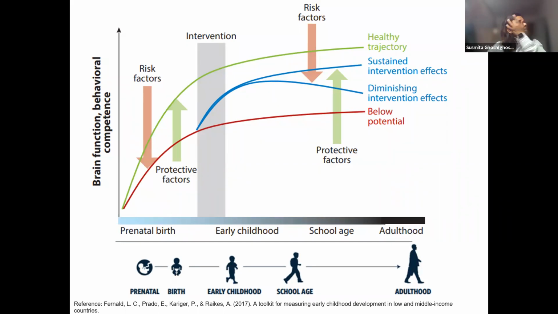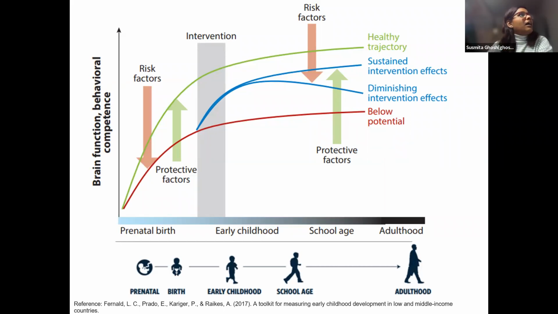The observed intervention effects can decrease over time. Many childhood interventions have shown this pattern of diminishing intervention effects in follow-up studies, and these diminishing effects may happen due to the influence of environmental effects on children's developmental outcomes.